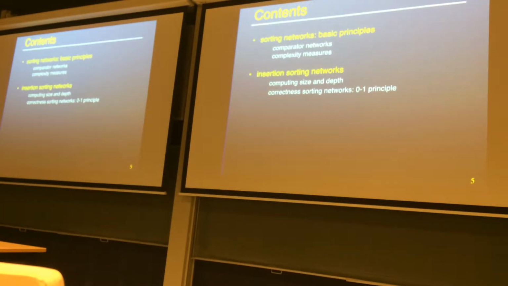So we can show that a sorting network can deal with all kinds of numbers and is correct just by proving that it sorts binary vectors in a correct way.